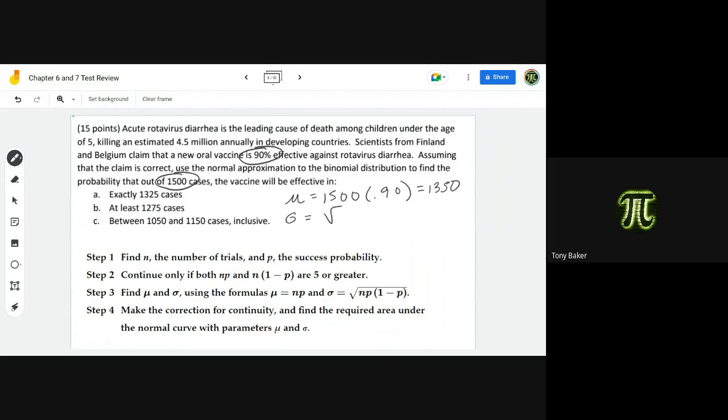Standard deviation, square root of 1,500 times 0.9 times 0.1, because it's the opposite.